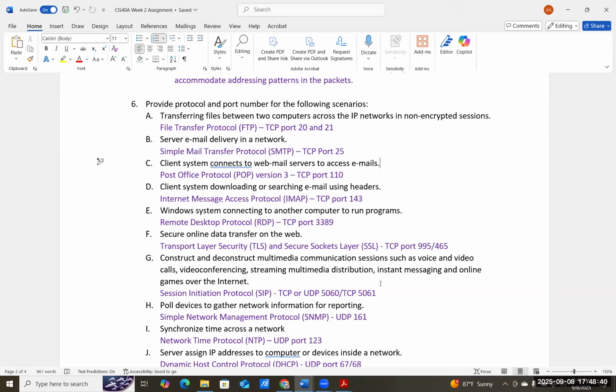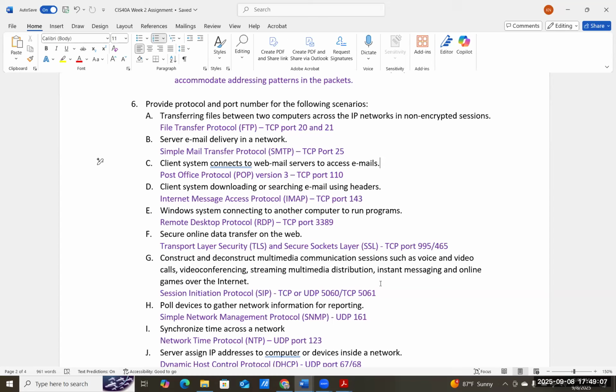You see this a lot with video conferencing software or tools. It uses both: because it's streaming, you tend to see UDP, User Datagram Protocol. Remember what I said? Fast but unreliable. TCP is reliable but slower. And it uses port 5060, or TCP 5061.